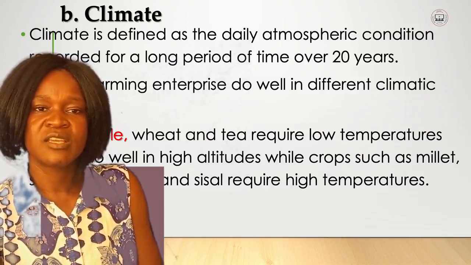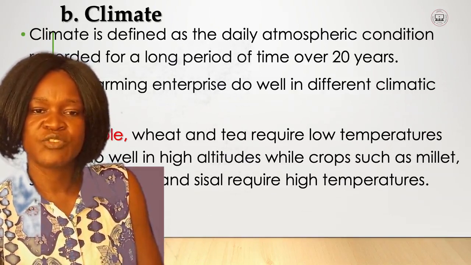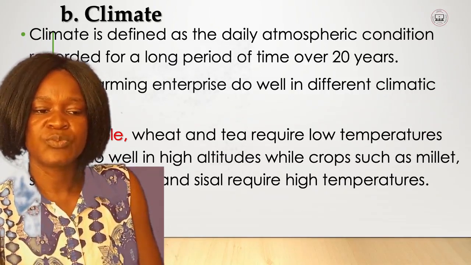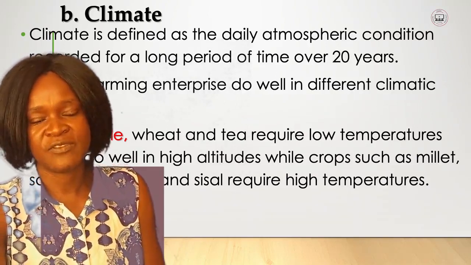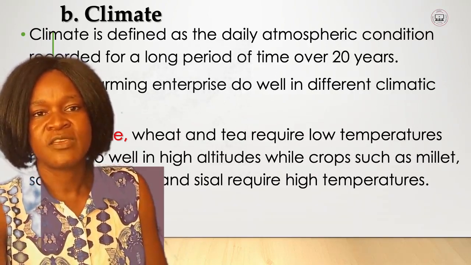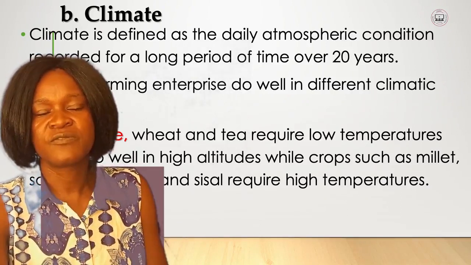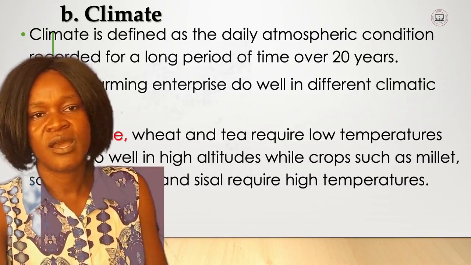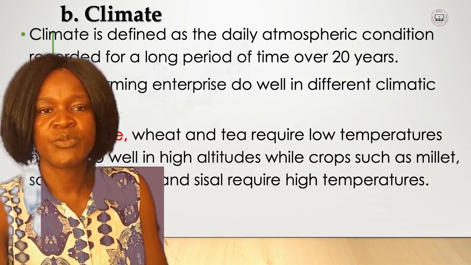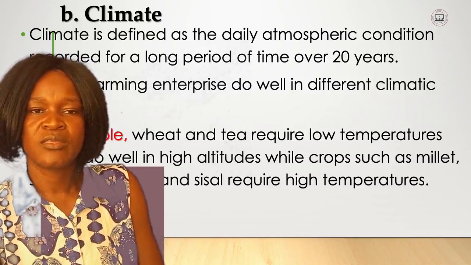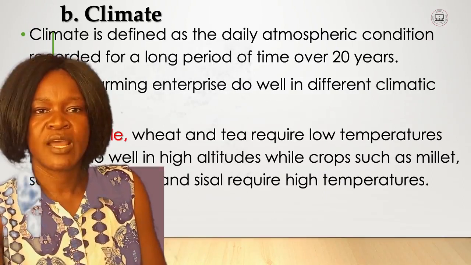If that is the case, the farmer will be discouraged from producing more, affecting productivity. But if that particular climatic condition favors the animals the farmer is keeping, or the crops the farmer is growing, that will enhance production.